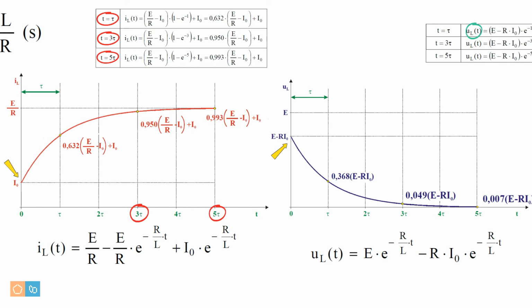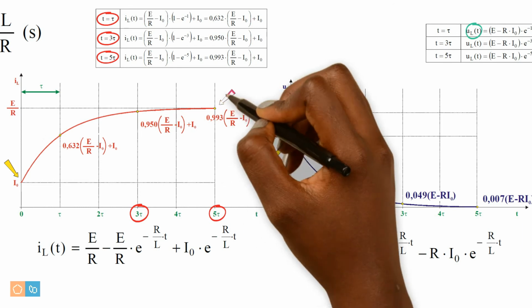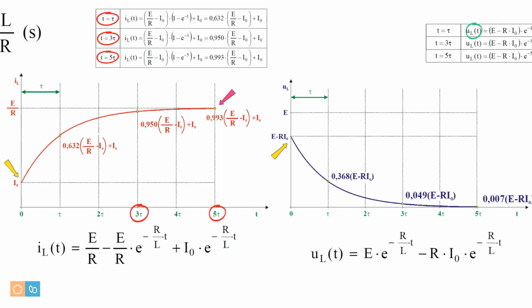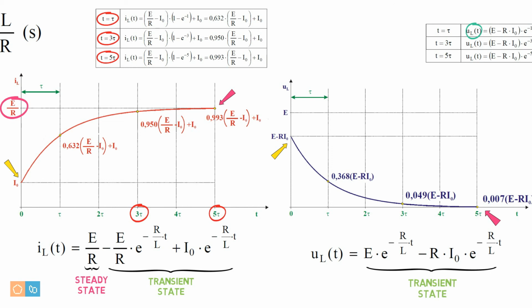We can also see that as t tends to infinity, the current in the inductor IL approaches its steady state, which is E divided by R. And also that as t tends to infinity, the voltage in the inductor UL approaches its steady state, which is 0, showing that UL only has transient state.